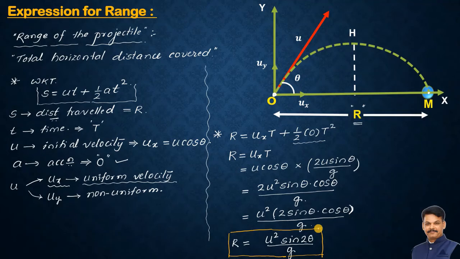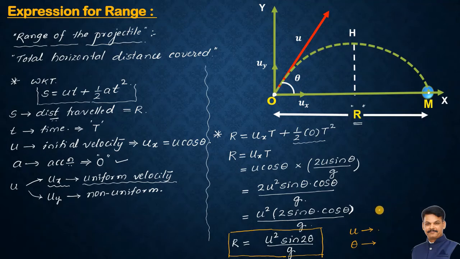If the angle of projection is more, it covers the longer distance. If the angle of projection is less, then it covers the smaller distance. And it is inversely proportional to G, that is acceleration due to gravity. Of course, it is a constant, so it is not going to affect much on a particular region of the earth. Okay. So the two main things are, one is U, the initial velocity with which you throw the projectile, and the second one is theta, that is the angle of projection.